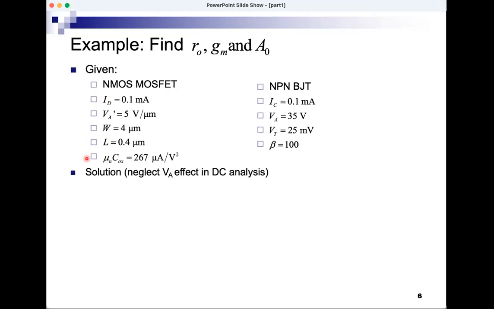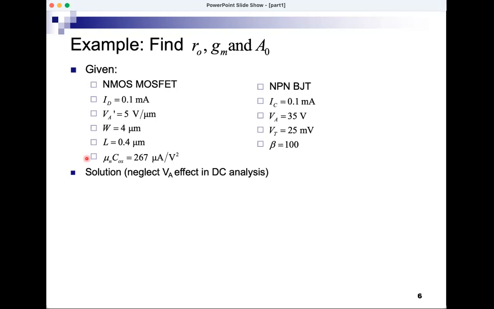This may seem like a contradiction, but it doesn't cause a lot of error. So where's the contradiction here? We neglect VA in the DC analysis, but we use a finite RO in the small signal analysis. It's like saying there is channel length modulation only for signals, but no channel length modulation for DC.